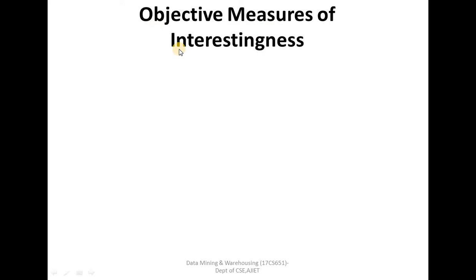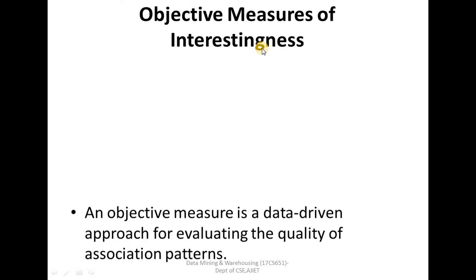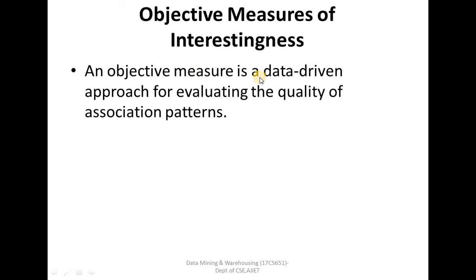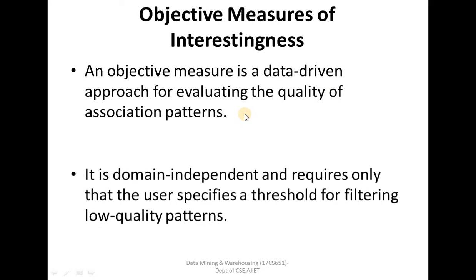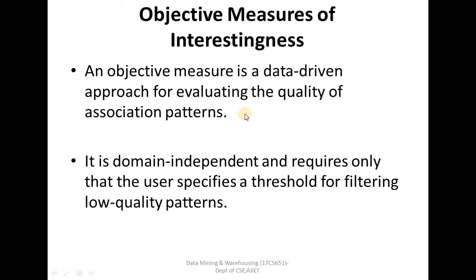Next, let us study in detail how to use objective measures of interestingness. An objective measure is a data-driven approach for evaluating the quality of association patterns. It is domain independent and requires that the user specifies a threshold for filtering the low quality patterns.